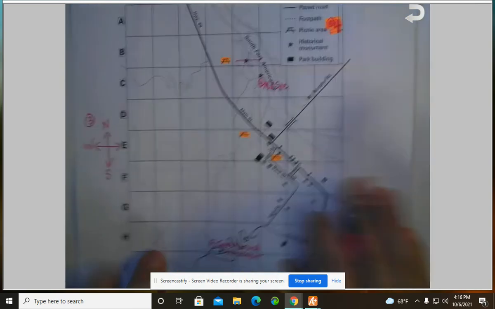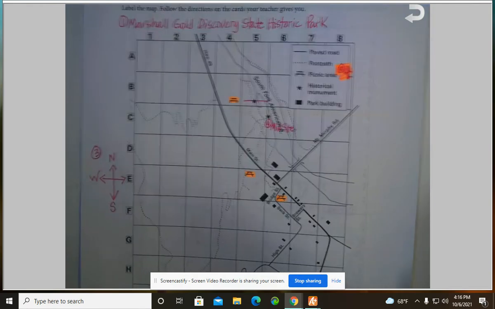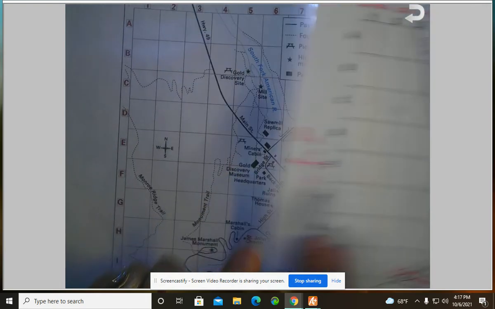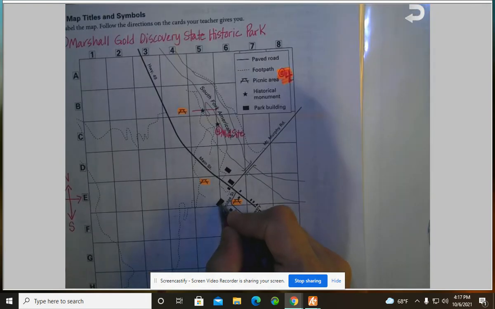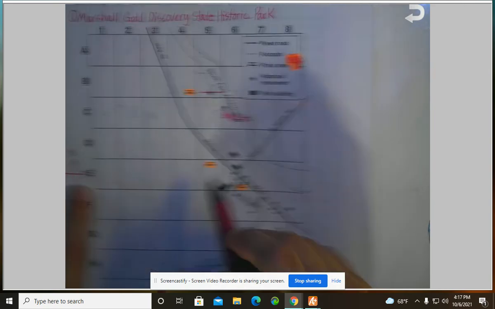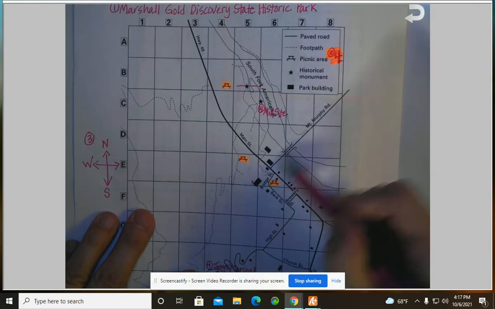Number 5, label the park buildings northeast of the Gold Discovery Museum. So we need to find the Gold Discovery Museum, which is right here. So that's this big rectangle. So this is our starting point. And we want to go northeast. So looking at our compass rose, we know it's going to go up this way. So we're going to go up this way.